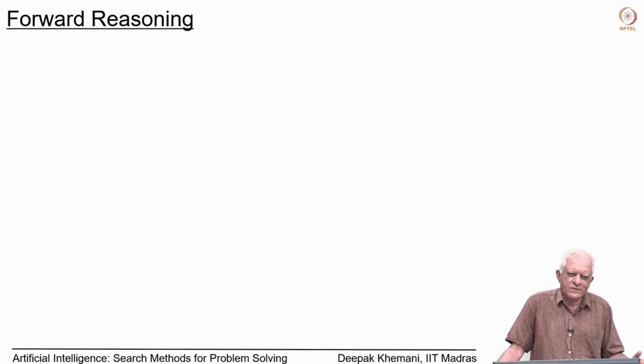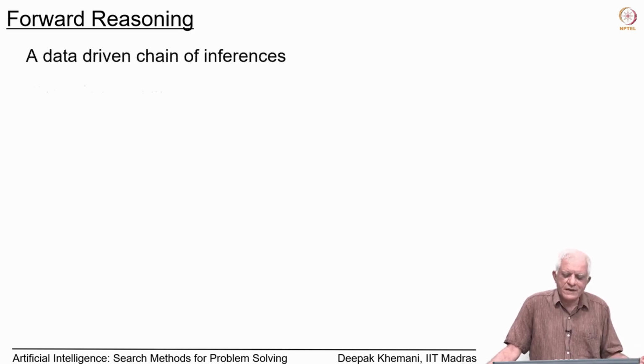We will start by looking at something called forward reasoning, which is very similar to what we have been talking about earlier: forward state space search, forward state space planning, and rule based systems. And the process, not surprisingly, is similar. It moves from facts towards the goals.